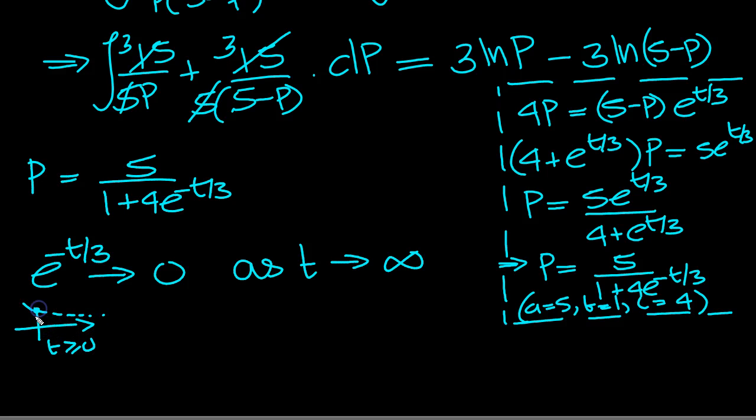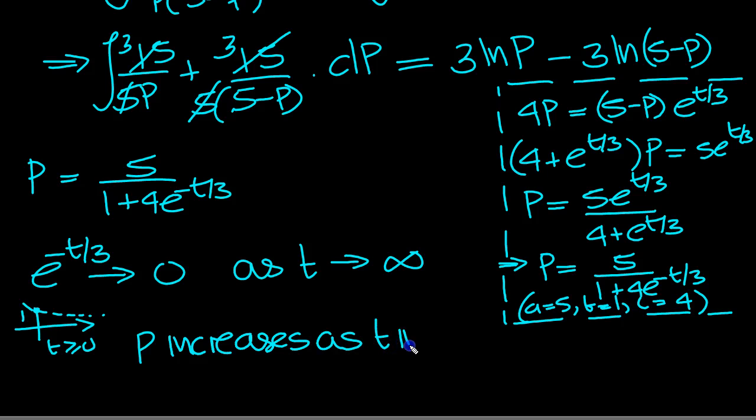So this value here is going to be 1, because when t is 0, e to the 0 is 1, and then it diminishes in value. So P increases as t increases.